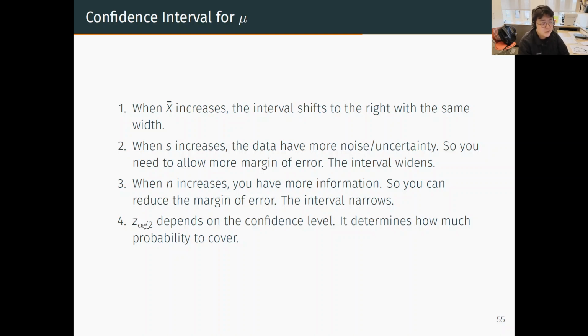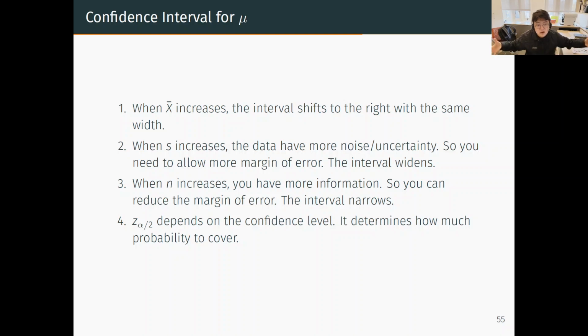Finally, z alpha over 2 depends on the confidence level you choose. When you choose a smaller alpha, then z will increase. The smaller alpha, the larger z alpha over 2. Because if you allow, say, a very small error probability, then to cover that much probability, if you imagine the bell curve, you have to cover more probability.